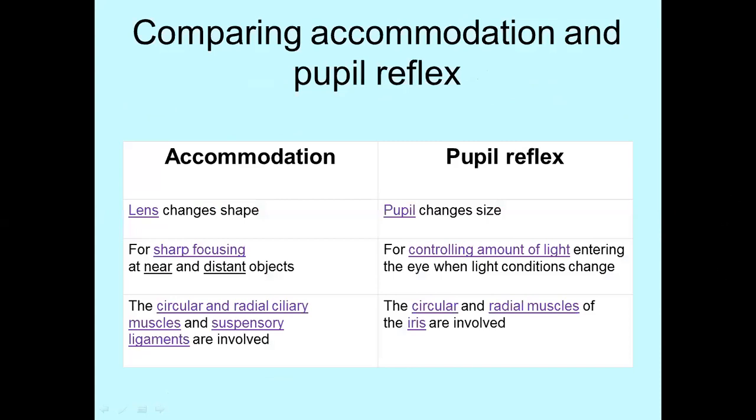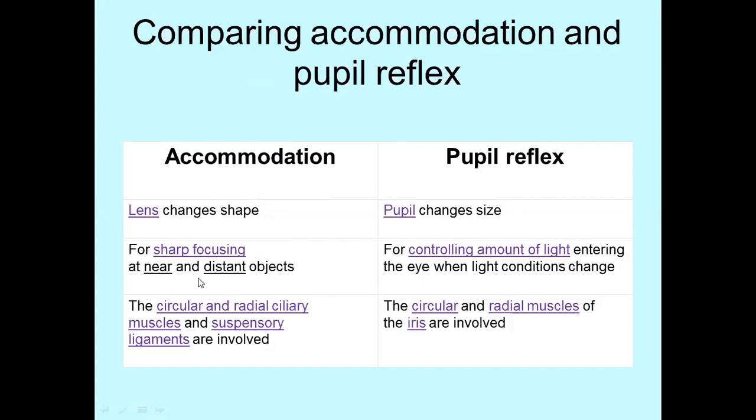Okay. I've told you it's terribly important that you mustn't confuse accommodation and the pupil reflex. So in accommodation, it is the lens that changes shape. In the pupil reflex, it is the pupil that changes size.